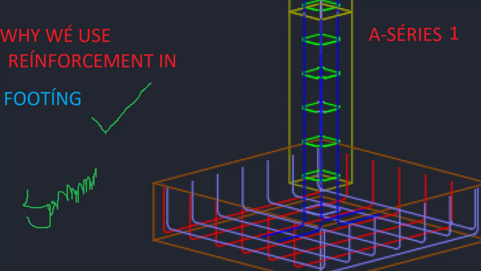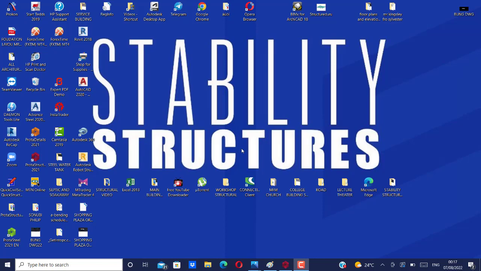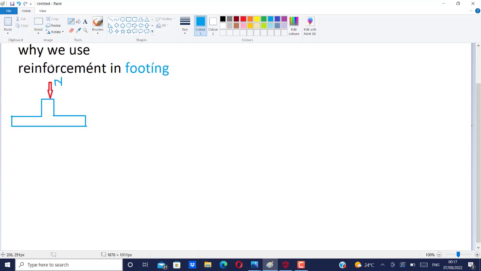So we are going to be using pictures, videos, and anything that can reach our hands, and also to the best of our knowledge, to explain some of these things. Today's class, A Series 1, we are going to be talking about why we use reinforcements in footing.